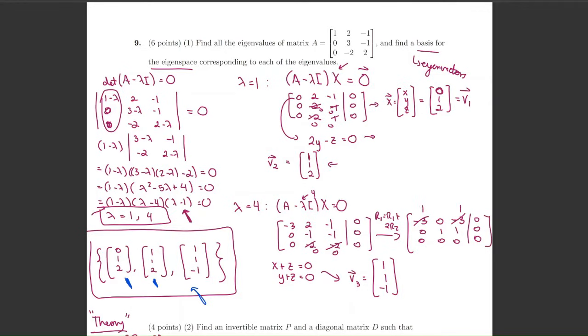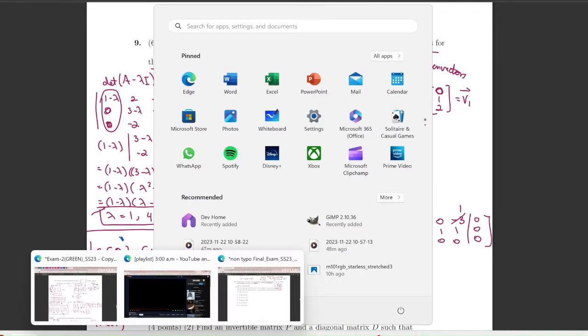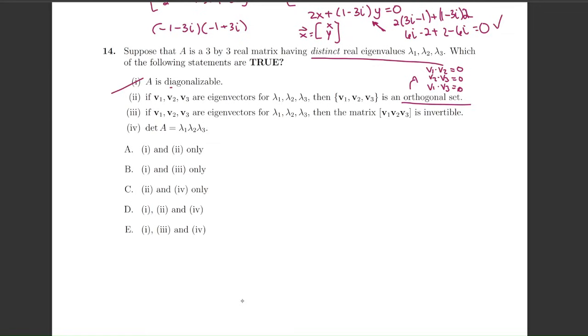The same thing if we dotted these two together, not orthogonal. So the eigenvectors don't necessarily have to be orthogonal with one another. So this is not true.